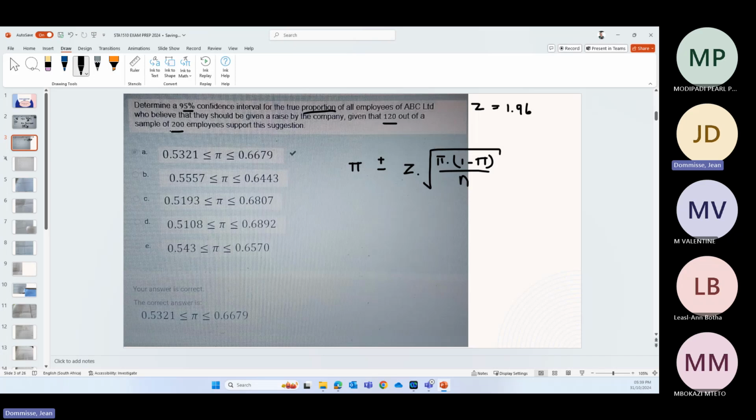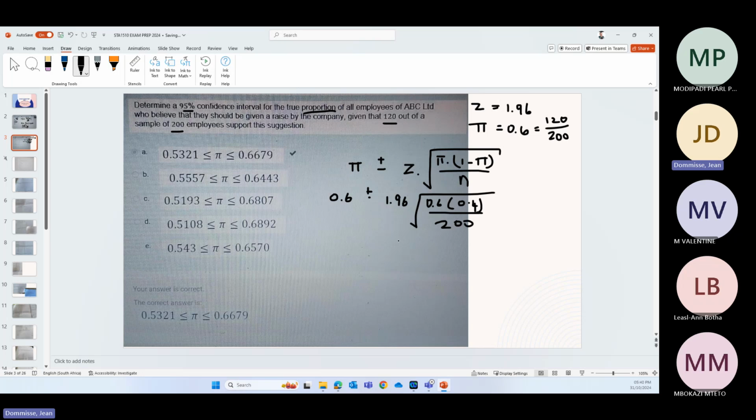120 divided by 200 is 0.6. So we have 0.6, then plus minus 1.96 because of a 95% confidence interval, and then 0.6 times 1 minus 0.6, which is 0.4, divided by 200.